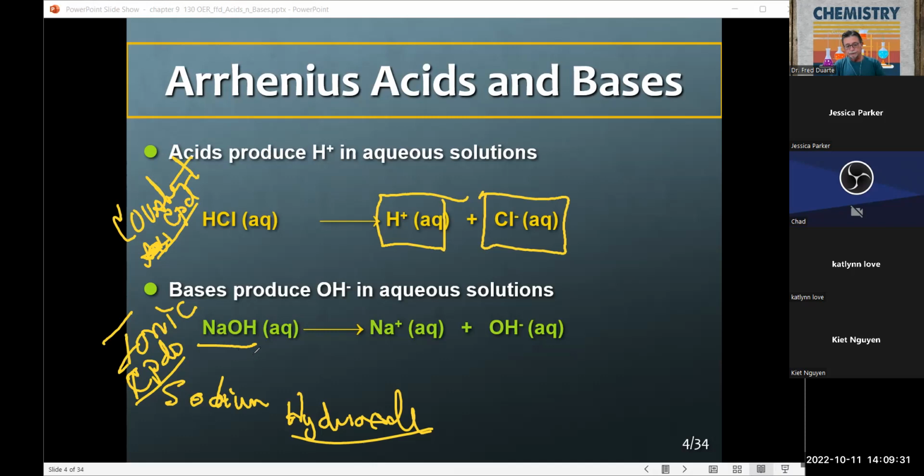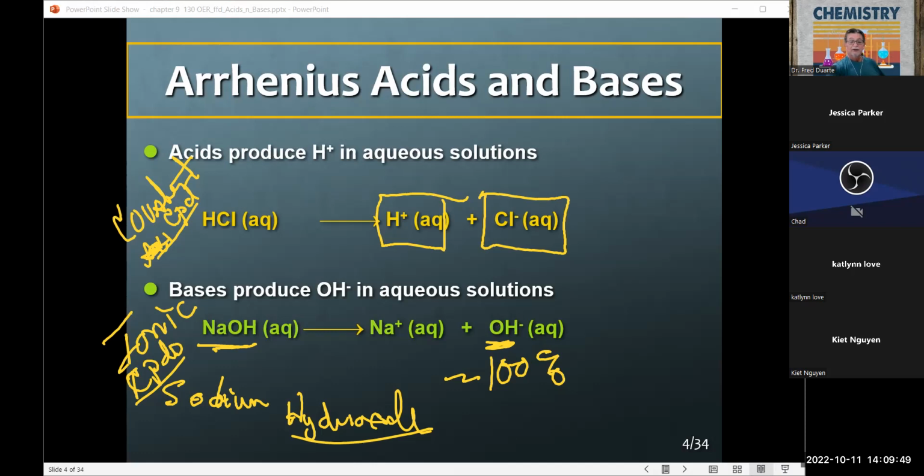This one, sodium hydroxide, literally dissociates at 100%. It's a very strong base. Why? Because it dissociates literally at 100%. Now, how do we know if it's going to dissociate 100% or much less?